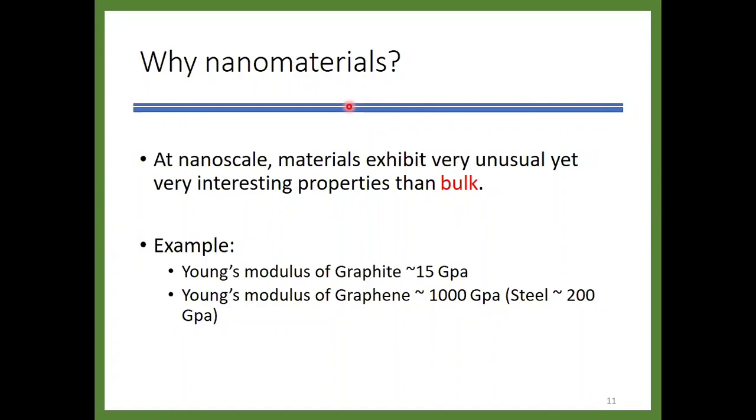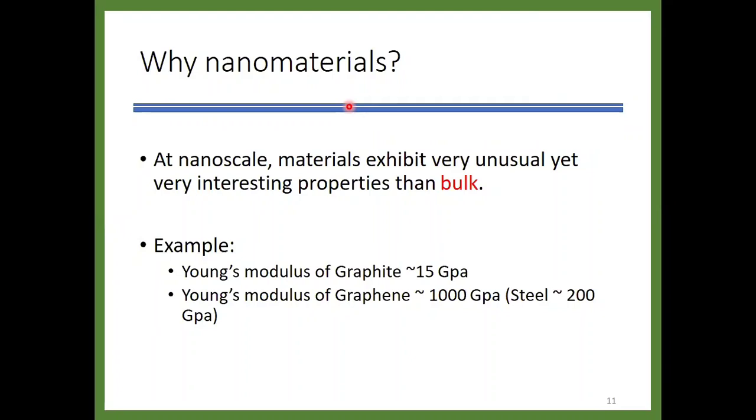And then if you measure the Young's modulus of graphene, it's 1000 gigapascal. See how large. I think the strongest material that is ever known is graphene. Graphene is just one atom layer thick, so its thickness is less than approximately 1 nanometer.